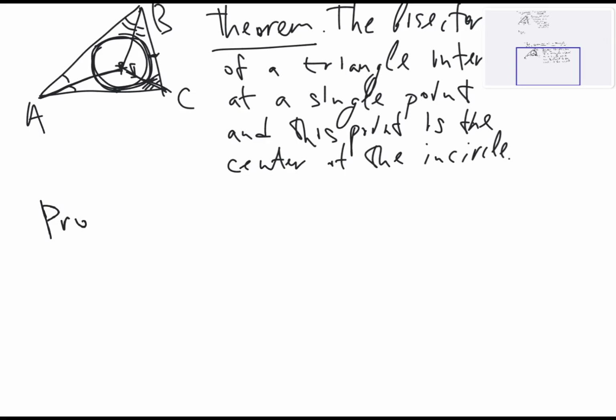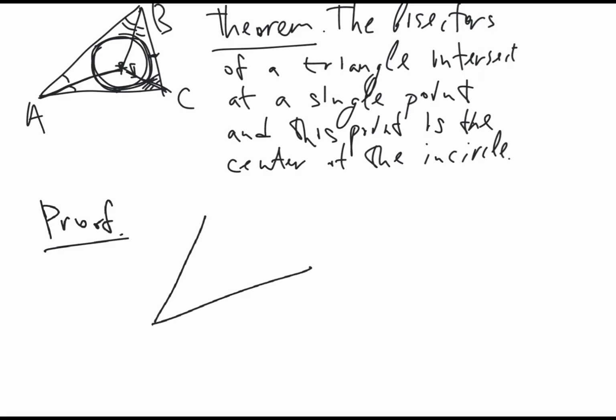So let's prove this. We know that a bisector of any angle is the locus of points that are at the same distance from the sides of this angle, right? So these distances are the same, and this is because of these two triangles. This is a bisector. These two triangles are equal by a common side and two angles.